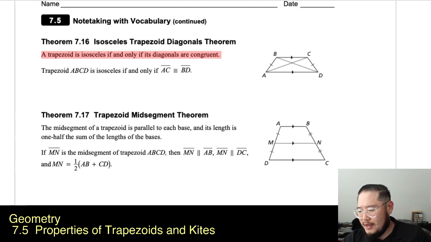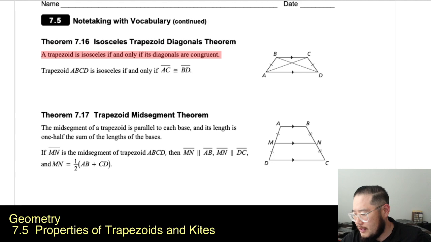We have theorem 7.17, the trapezoid midsegment theorem. It says the midsegment of a trapezoid is parallel to each base, and its length is 1/2 the sum of the lengths of the bases. So if you look at the diagram right here, the midsegment is MN.